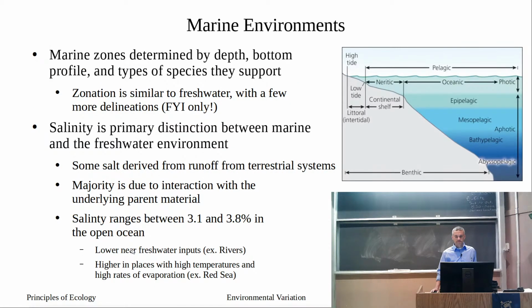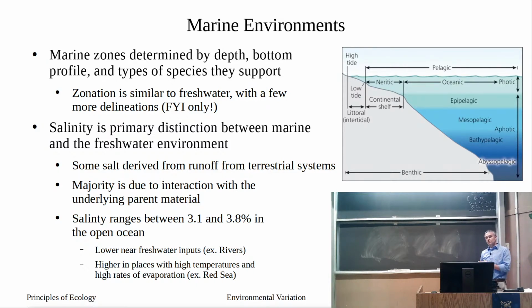Because our marine system also exhibits zonation and has various names, but the ocean system is quite different. All right, so when we look at the marine systems, we're going to base our communities, the physical factors and such, on the depth that we're studying, the bottom profile that we're studying, as well as the species that are present in that area, basically the species that can survive in that area.